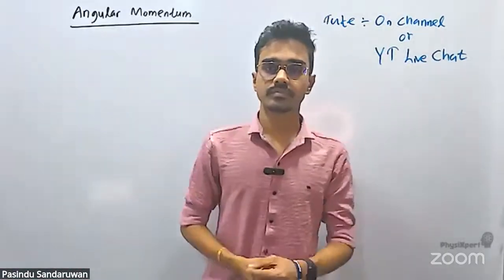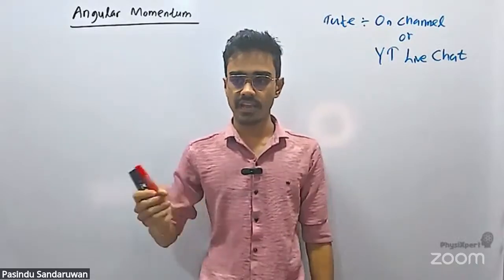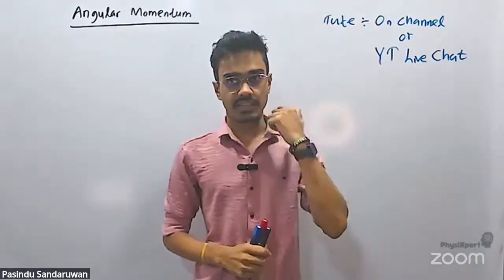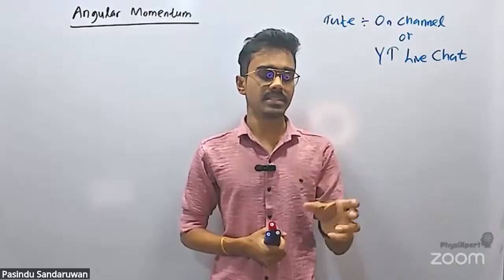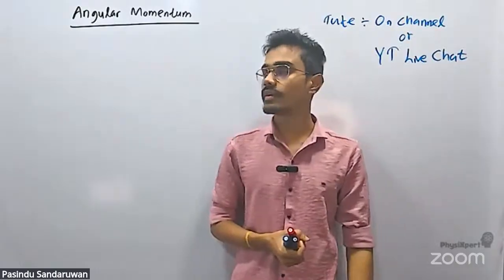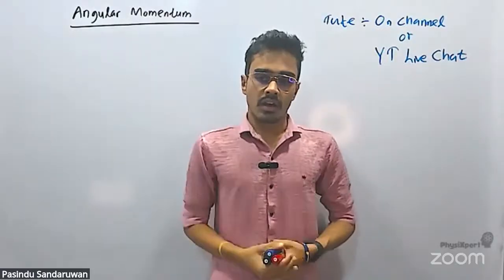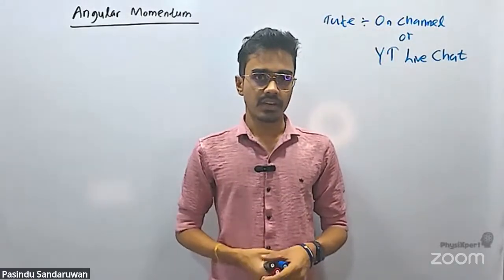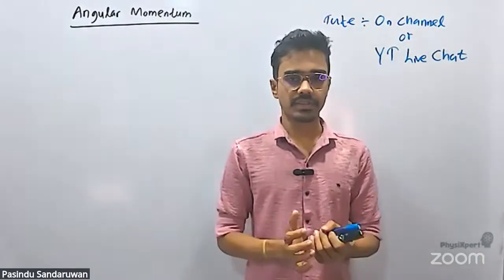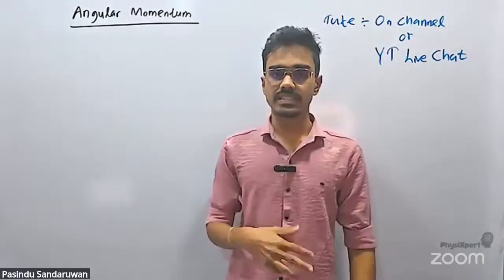Okay, listen. The plans for the month: today we'll be finishing angular momentum in this single class itself, and next week we'll be starting circular motion. The main lesson we are going to cover during the month of February is circular motion. Today itself we'll be having the fourth day of S2A discussion, which will be a continuation of the vectors and force equilibrium questions we discussed last week.